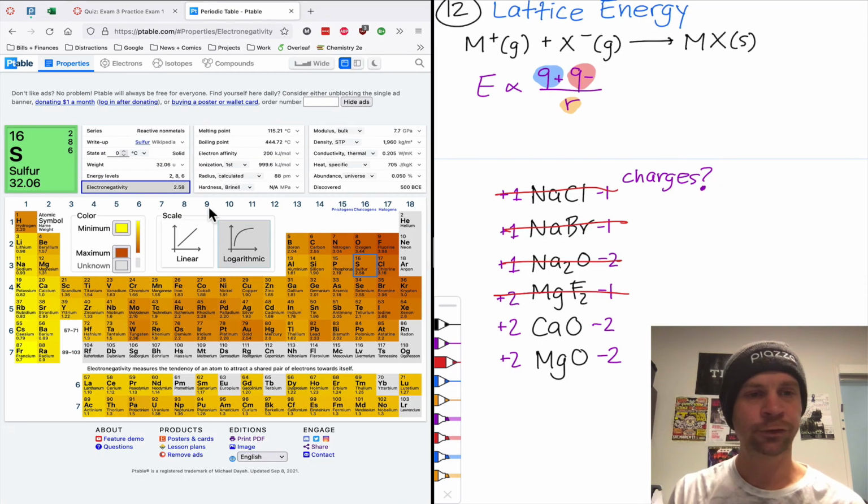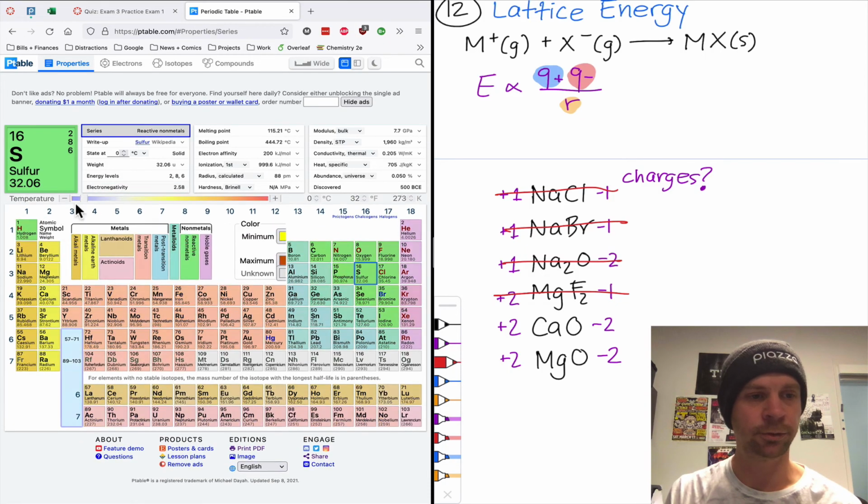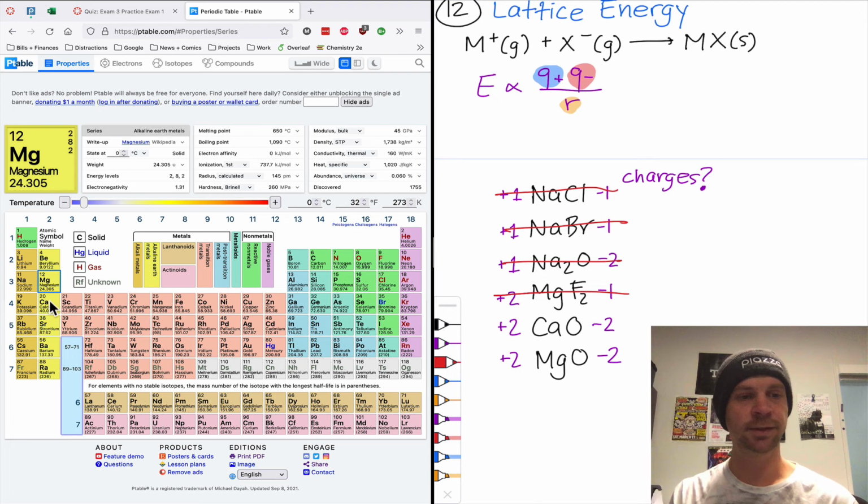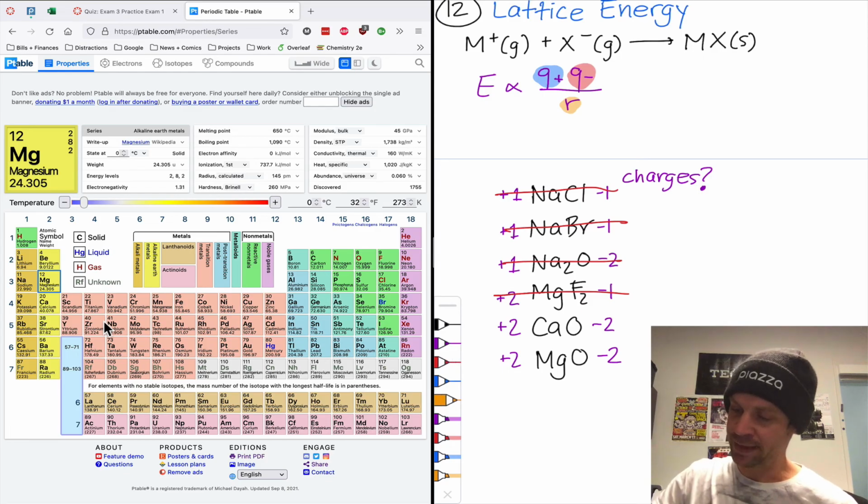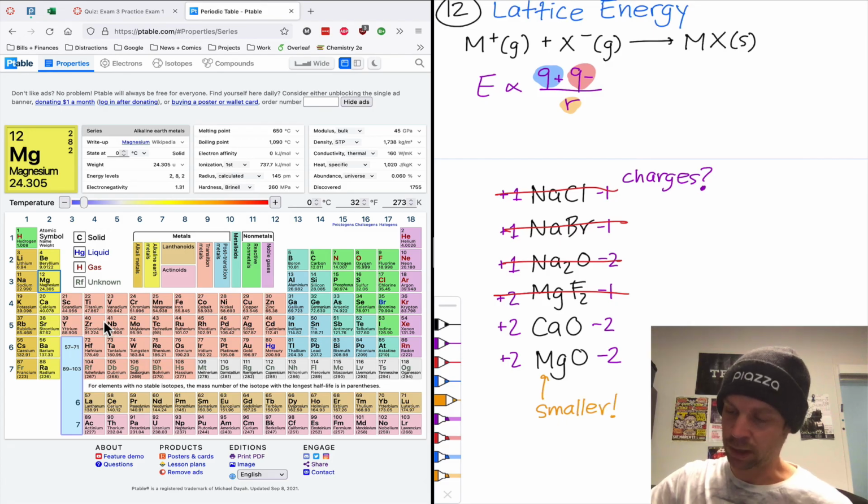Now, calcium versus magnesium. Let's check them out on the periodic table. Magnesium is above calcium. Calcium is larger than magnesium. The smaller of the two ions is going to be Mg2+. Let's make a note that Mg2+ is smaller than Ca2+.